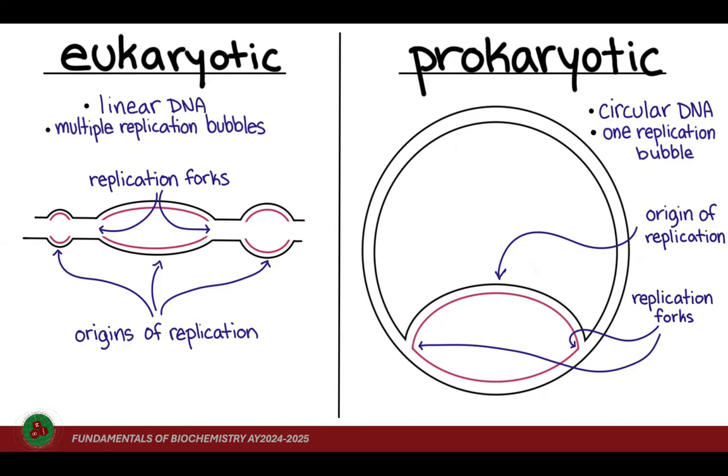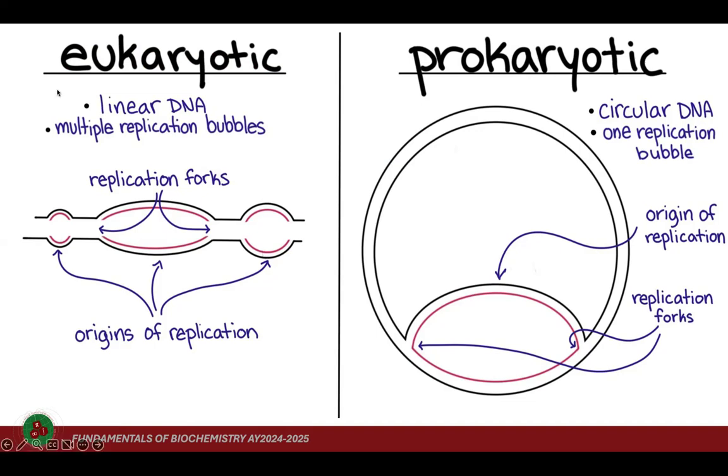Because you have a longer DNA sequence for eukaryotes, having one origin, having one replication bubble will make replication very, very inefficient, very, very slow.